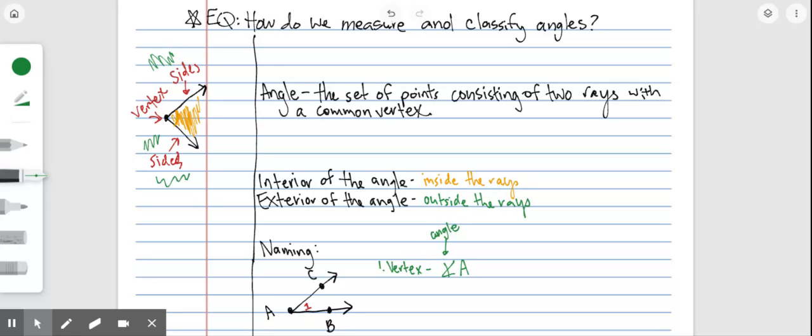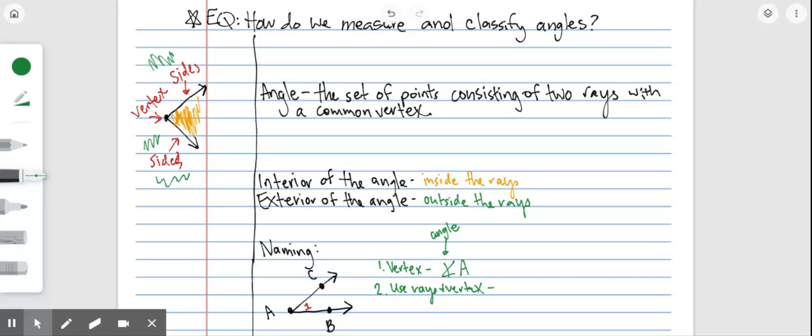Okay. Way number 2 is we use a point on each ray and the vertex. Use the rays and the vertex. Okay, and when you name it like this, you have to go around it. So go around the outside so that the middle letter is the vertex.